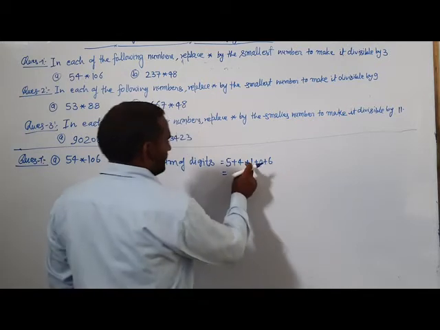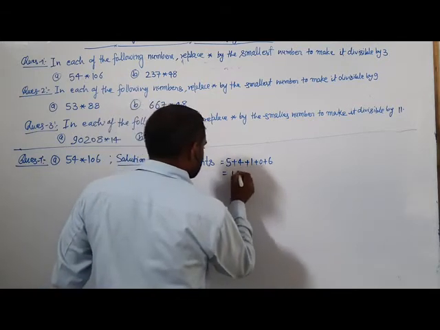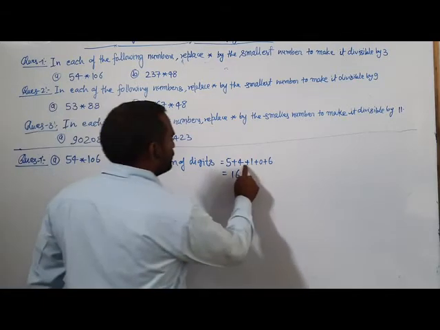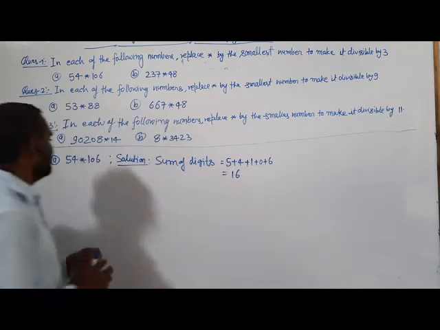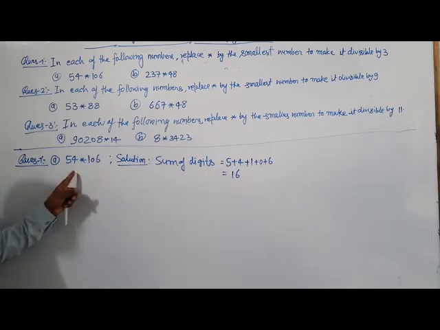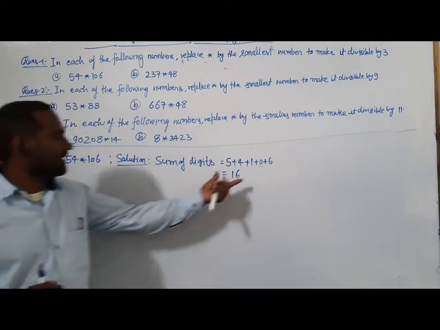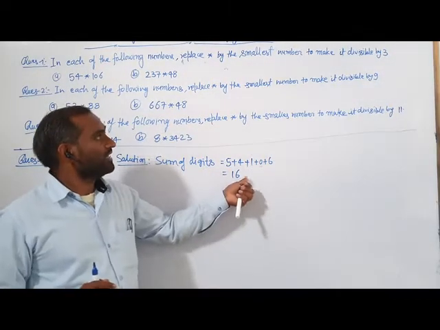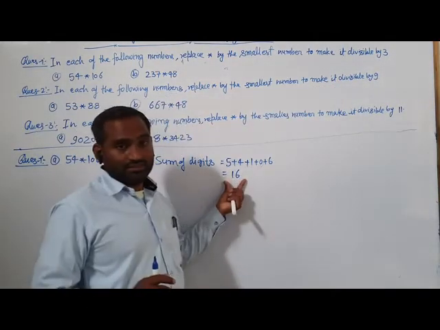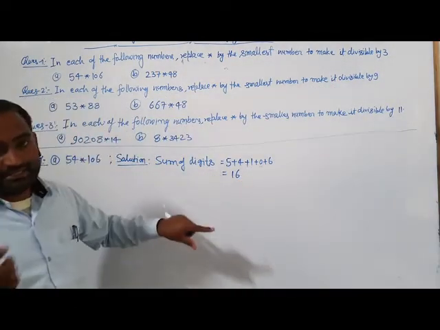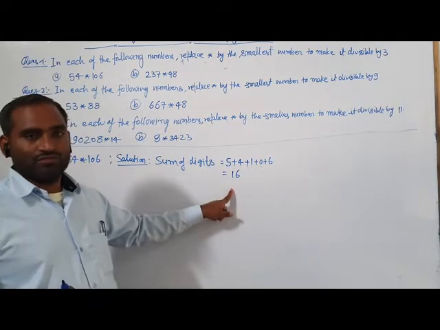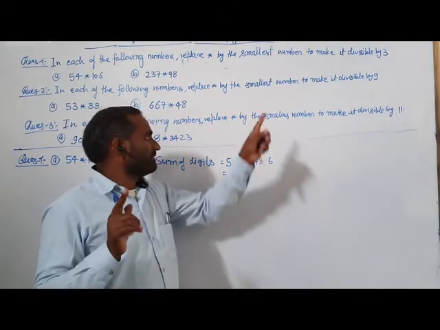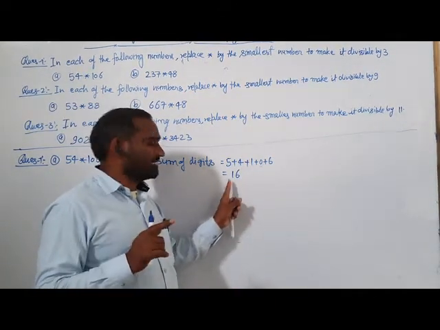5 4 are 9, 9 1 is 10, 10 6 is 16. So the sum of digits is 16, and 16 is not divisible by 3. 3 5s are 15, which is less than 16, and 3 6s are 18.